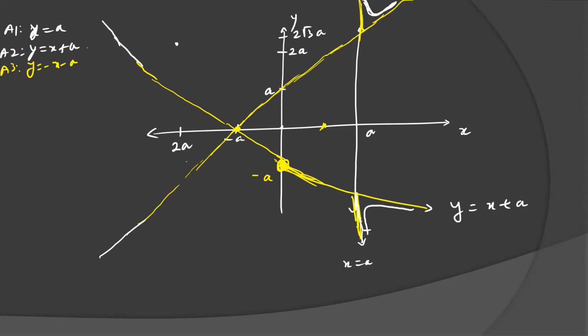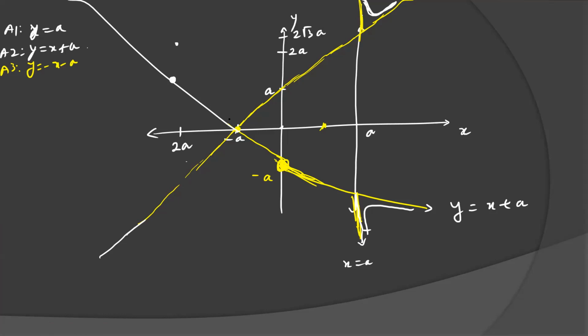The line is not very clear actually. Now I will try to make it clear. Suppose this will be the 2a point, but you are getting 2 by root 3. So the curve will pass above the line.